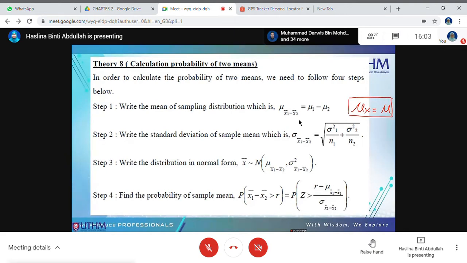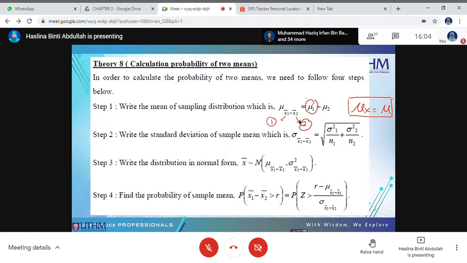For probability of two means, you need to write mu x bar for sample 1, minus mu x bar for sample 2. So mu 1 minus mu 2.